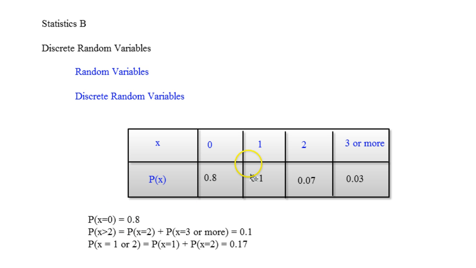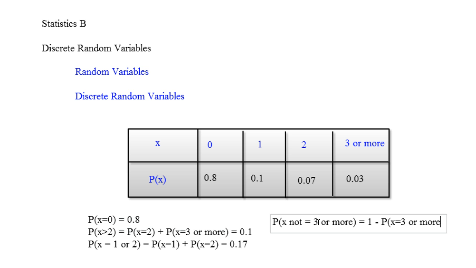Just make sure you understand that when you're looking for something, look for the complement. So, for example, the probability of X not equal to 3 or more is the same as 1 minus the probability of X being equal to 3 or more.